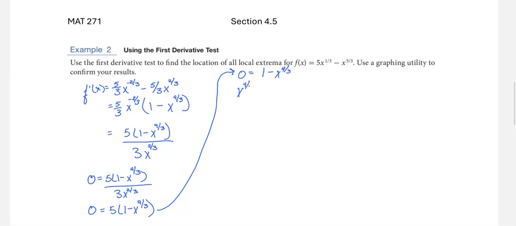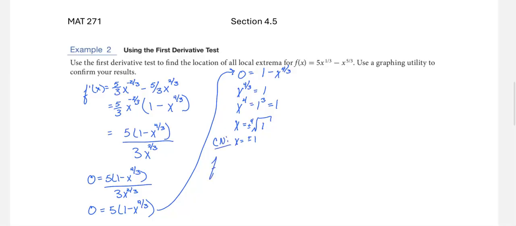So x to the 4/3 is equal to 1. So I can cube both sides. So that's 1. And then I can take the 4th root. And when I take the 4th root of 1, remember I have a plus and a minus. So I'm going to get plus and minus 1 as critical numbers.